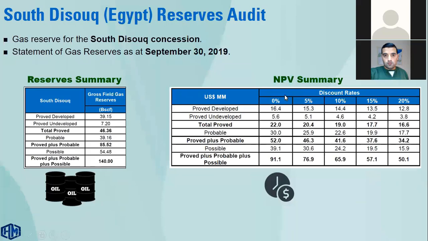As you can see, at these different discount rates, you will find the net present value of the project, and this is important for oil and gas operators: to have the net present value of the entire subsurface accumulations and entire subsurface volumes or reserve.